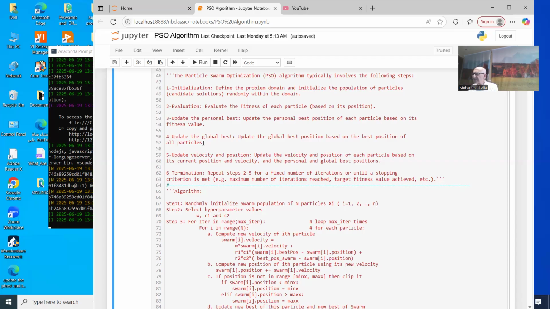Also, we have to update the global best position based on the best position of all particles. Here we compare all the personal best values of the particles, and we select the best one to be considered as the global best position.